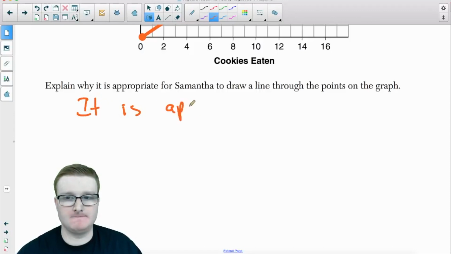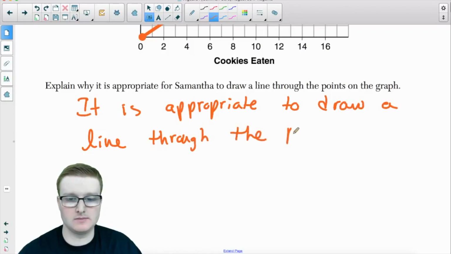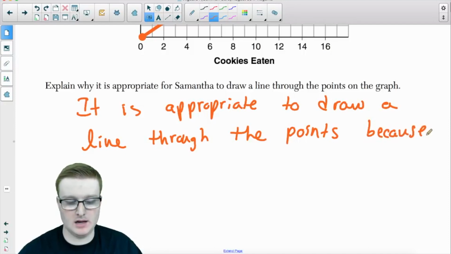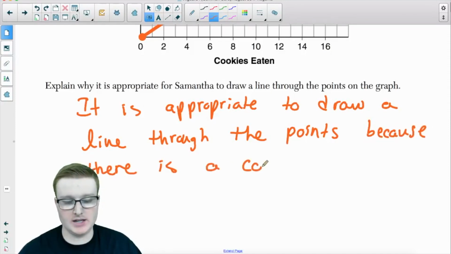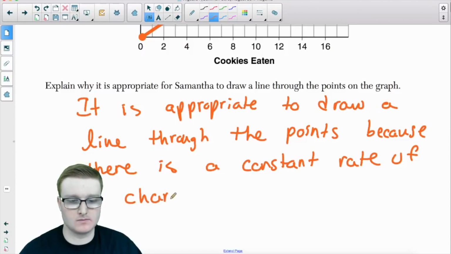It is appropriate to draw a line through the points because there is a constant rate of change of 160 over 3.